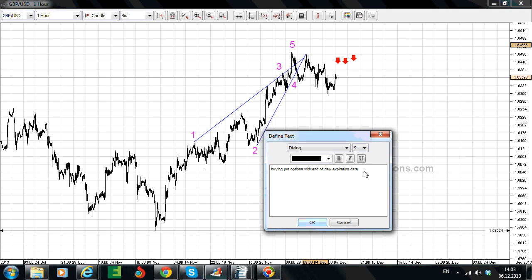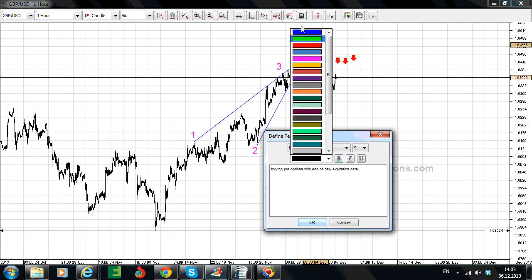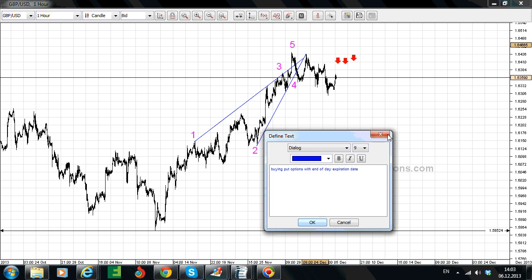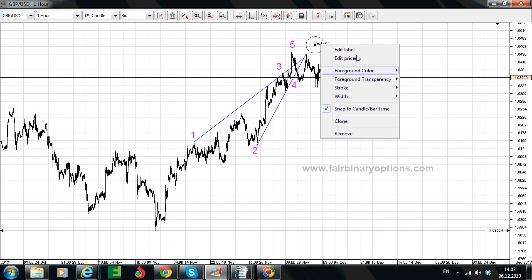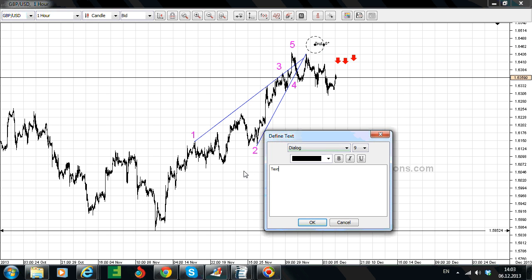This is the recommendation for today based on this rising wedge that is actually broken. So again, buying put options with end of day expiration date.